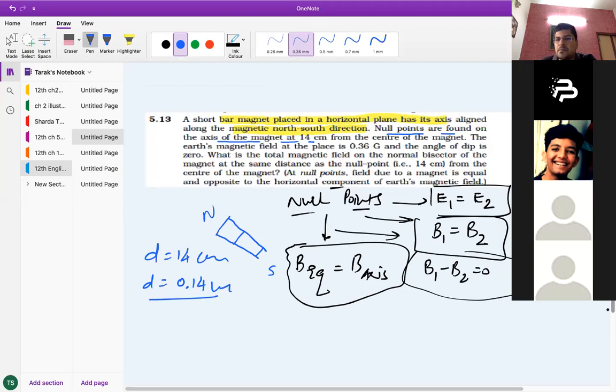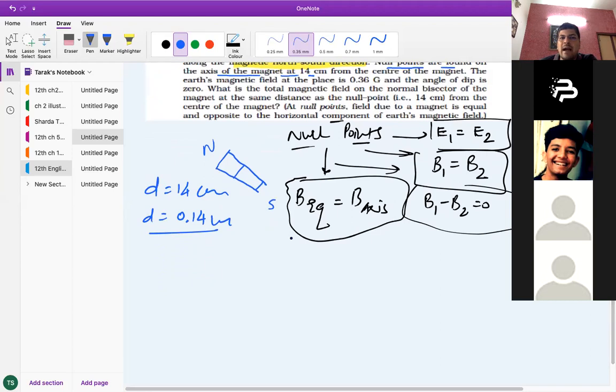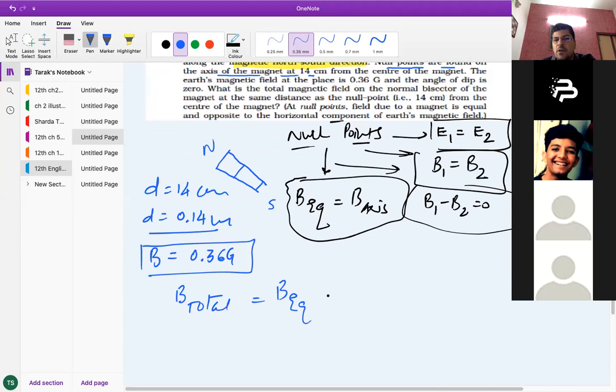Next, my magnetic field at this point B, which is given, is 0.36 Gauss. First of all, I am just using this formula. B of total is equal to B of equatorial line plus B of axis.